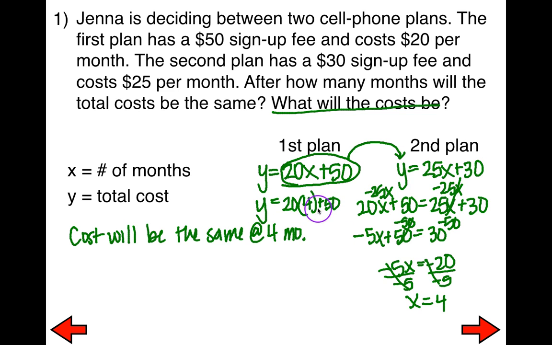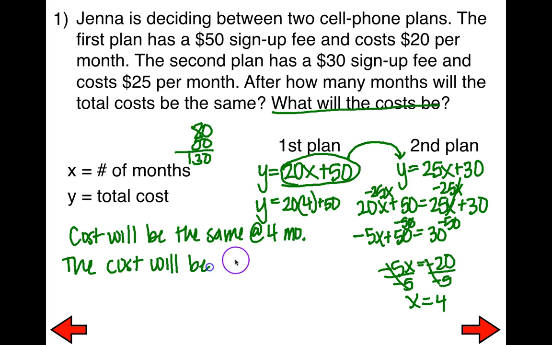So this is going to be 80 plus 50, which is $130. So what will the cost be? The cost will be $130. There you go. You went ahead and answered both questions. So here, notice you could have also solved it using a system.